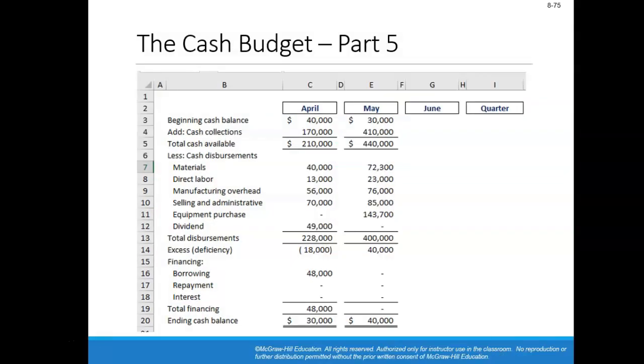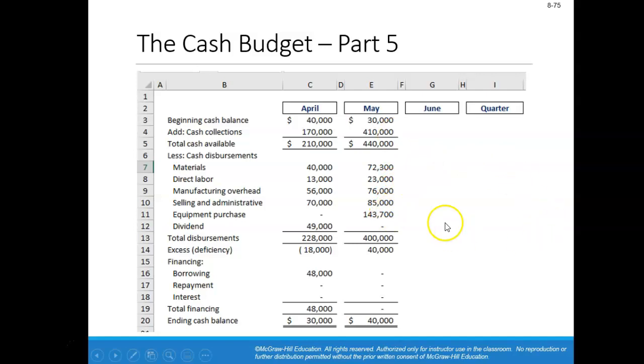Okay? Now, recall that your April ending balance will become your May beginning balance. So we have $30,000 available at the beginning of May. This is showing the expected cash collections that came from our earlier budget for the month of May.